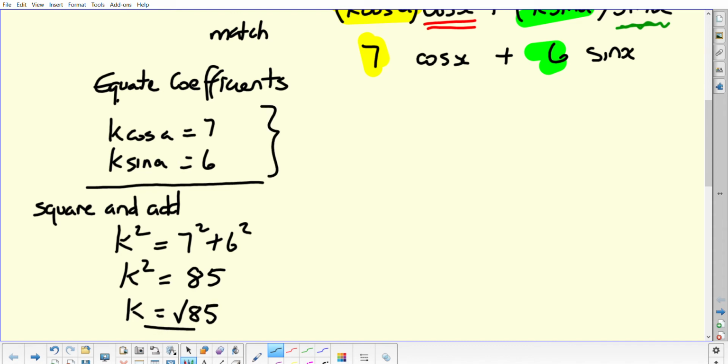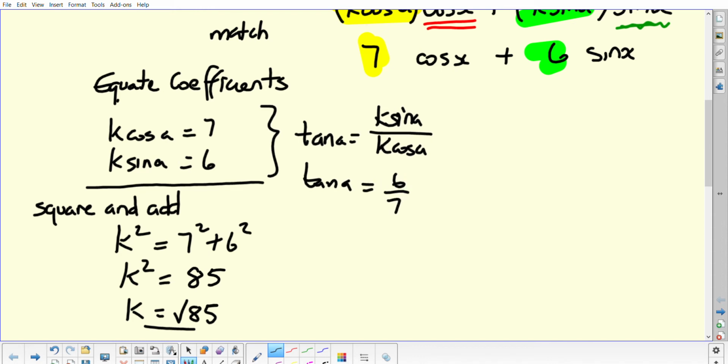You've now to work out your a. So tan a is worked out by taking the sine expression, so k sine a over k cos a, to show that you get the 6 on the top of that and the 7 on the bottom. Everything about this here is all positive, so actually that's where your 3 ticks would be, in the first quadrant.